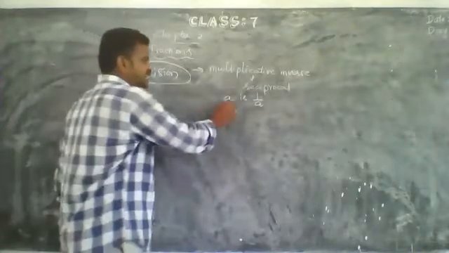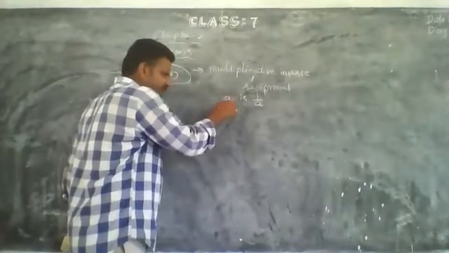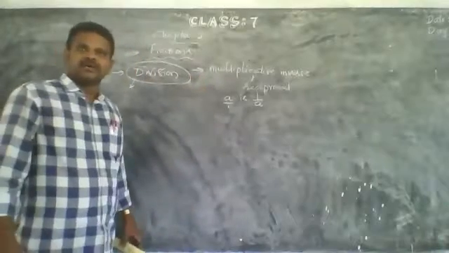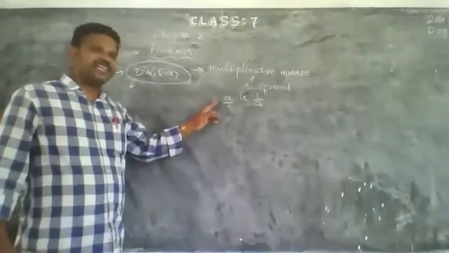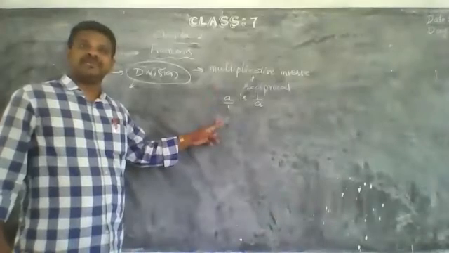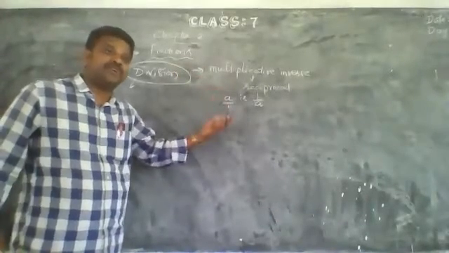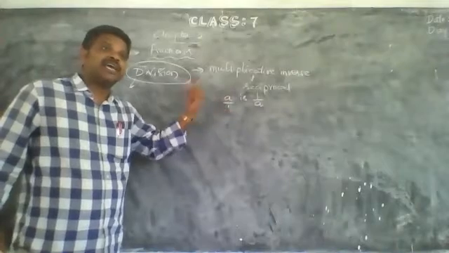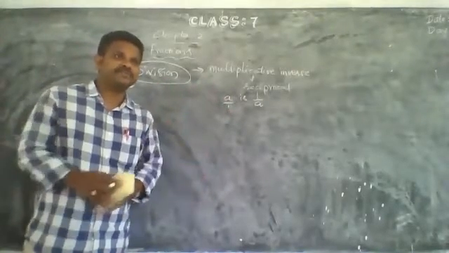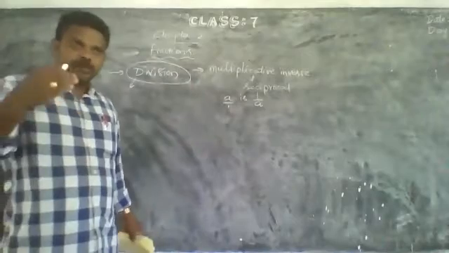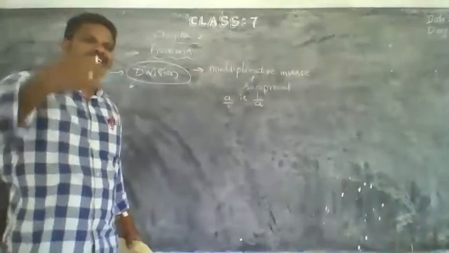Where there is no denominator, 1 must be there. Don't think that there is no denominator. A means A by 1. What is the reciprocal or multiplicative inverse of A? 1 by A. The multiplicative inverse is the numerator as a denominator and the denominator as a numerator.